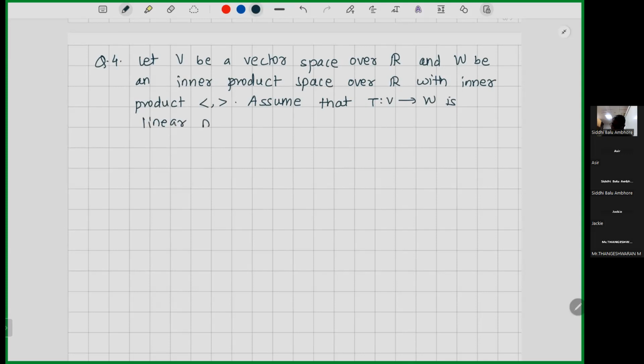Okay, so they are saying that T is a linear transformation. So for x, y in V, we define this new map ⟨x, y⟩' to be the inner product of ⟨Tx, Ty⟩.